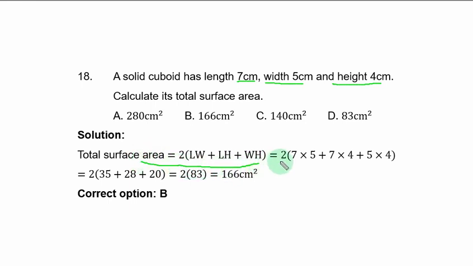So you replace L, W, and H with what they stand for. If you multiply, you get this. If you add, you get this. And multiply by 2 again, you have 166 square centimeters. B is the correct option.